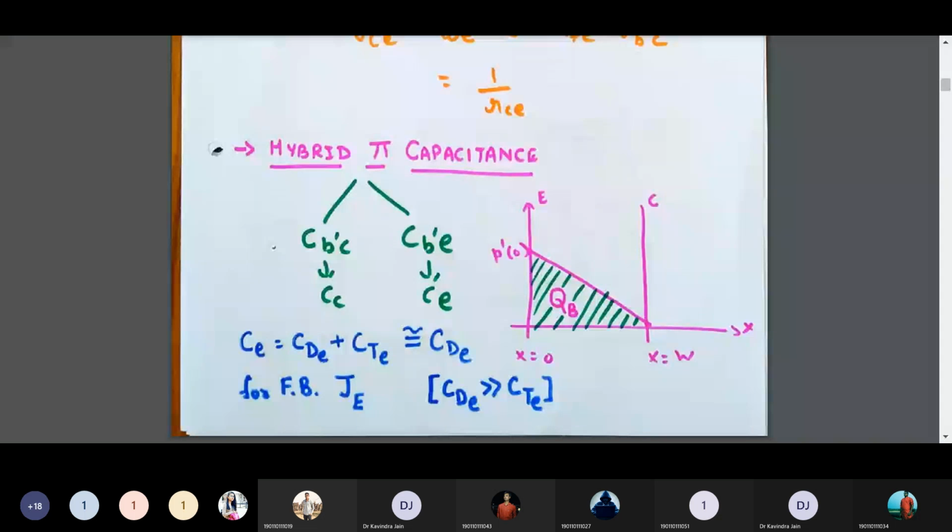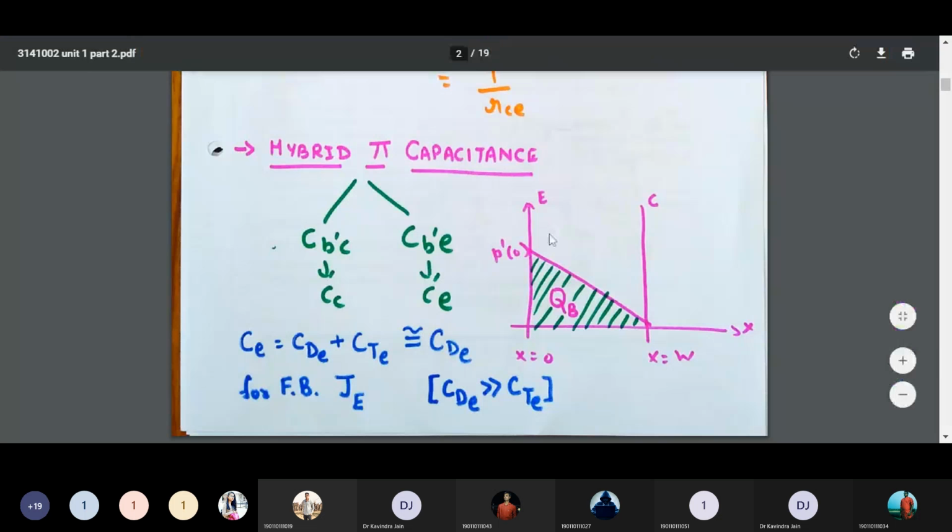So if my JC is reverse biased, then what happens? The charge concentration, that is P dash, is at 0 point. So as you can see in the graph, from this point to this point, the charge concentration is 0 at the collector.